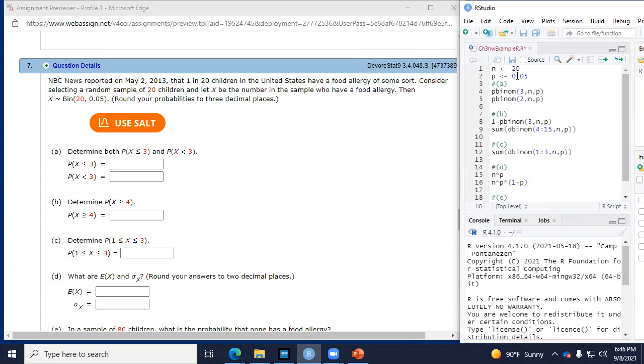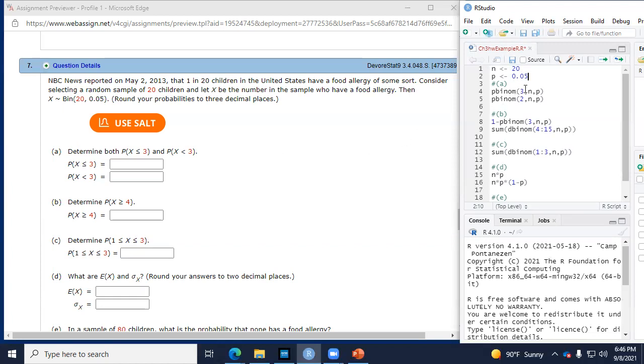So this is a good example showing that if you assign these parameters first, then if you change the number once, all the n and p would just use the value you assigned. So now I know n equal to 20 and p is 0.05.